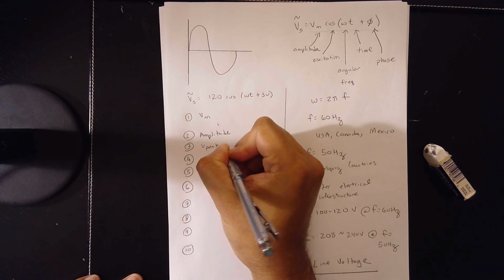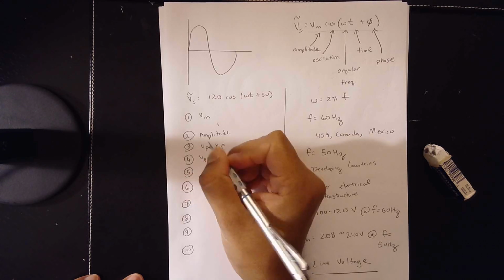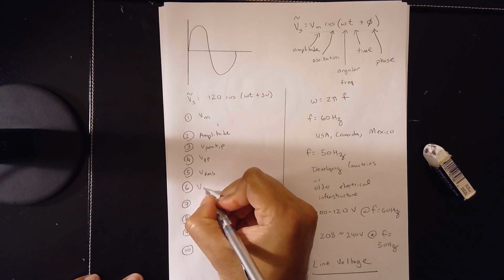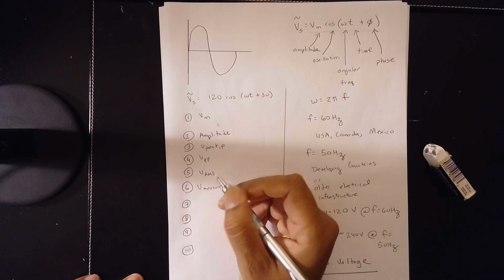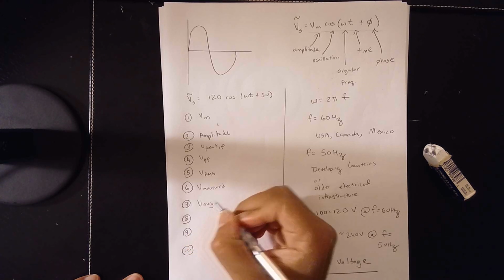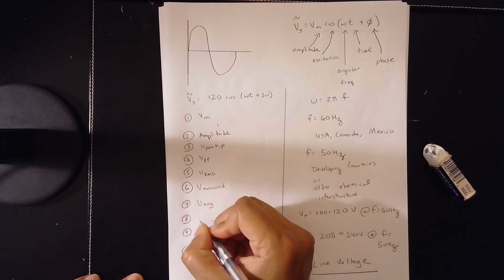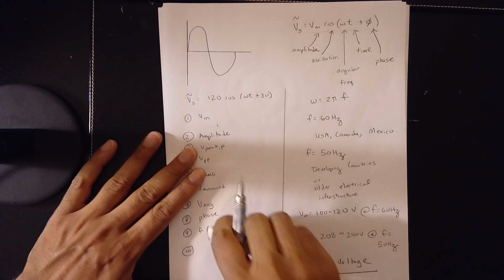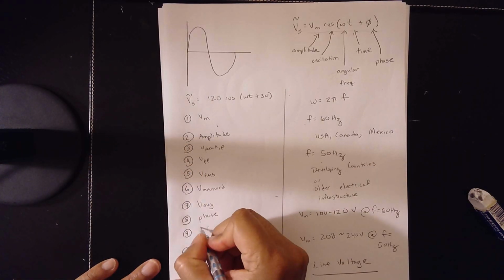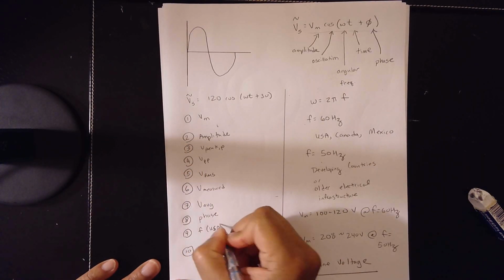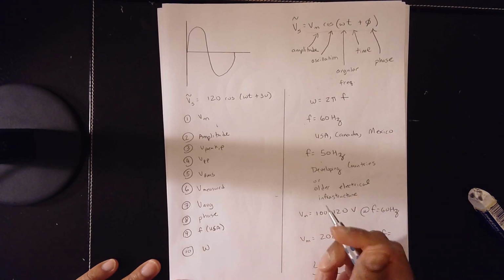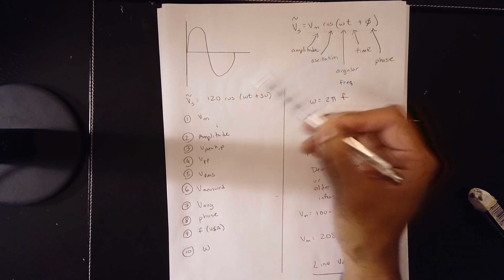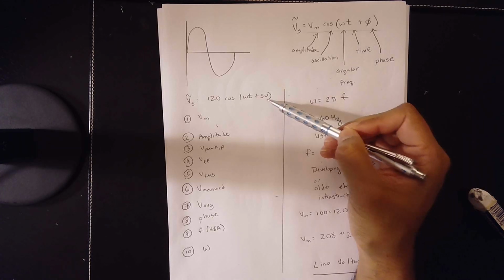V peak, V peak to peak, Vrms, V measured, V average, phase, our frequency in the US, because we live in the US, and angular frequency. So here's the equation. This matches this Vm, cosine matches cosine, omega and t, and then the phase is 30.